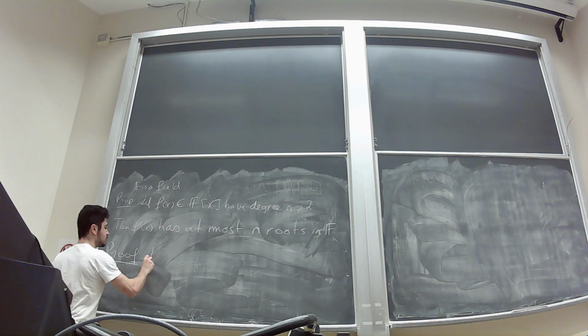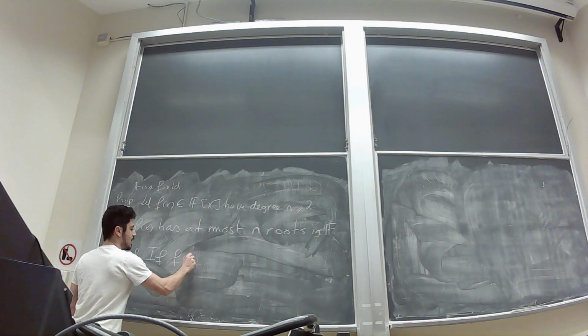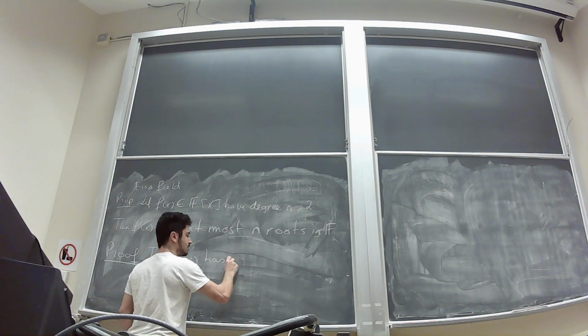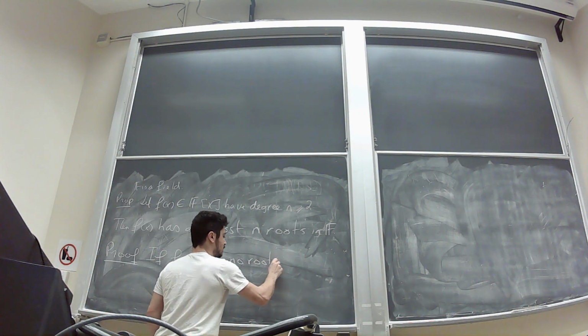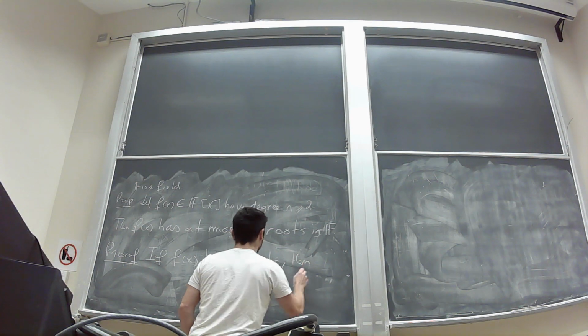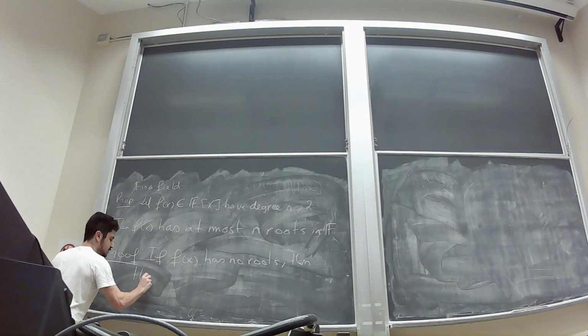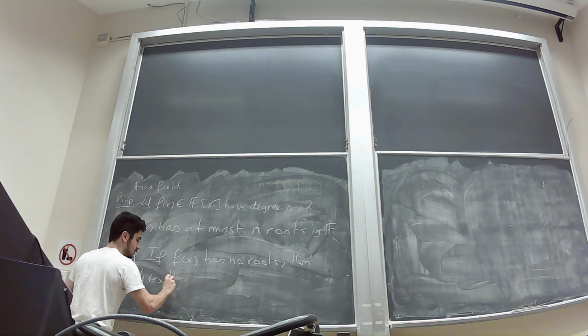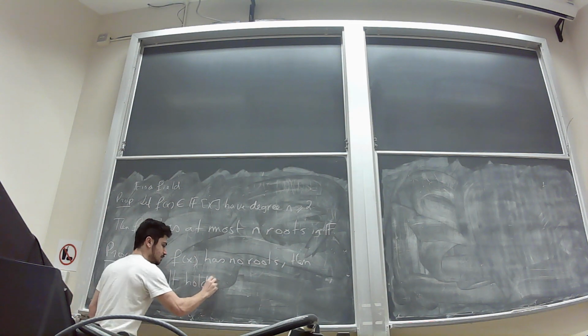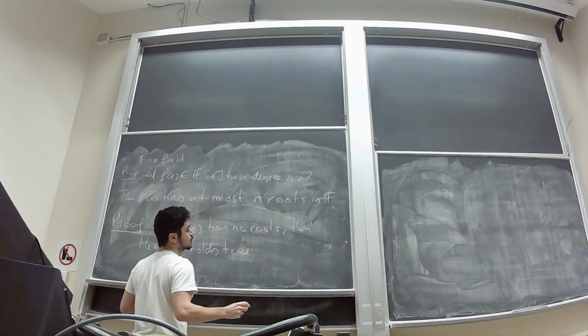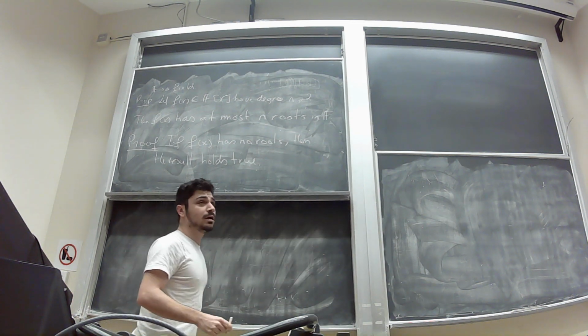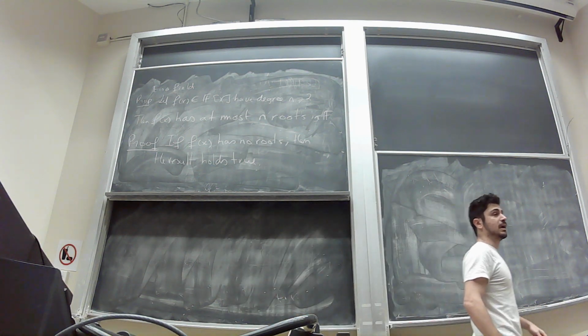If f of x has no roots in F, then the result is proved, right? It holds true. Just for clarity, when we have a polynomial, the indeterminate must also exist in the field, right?